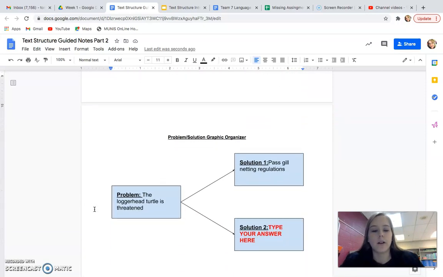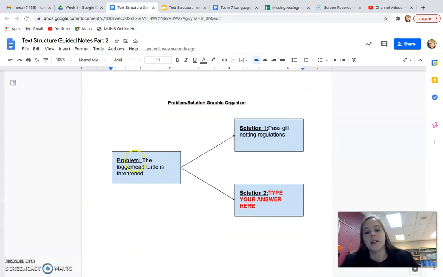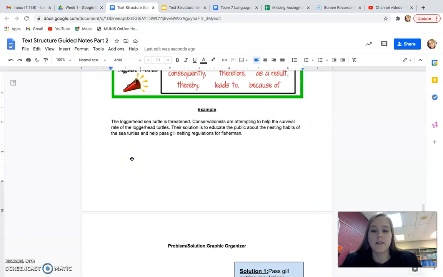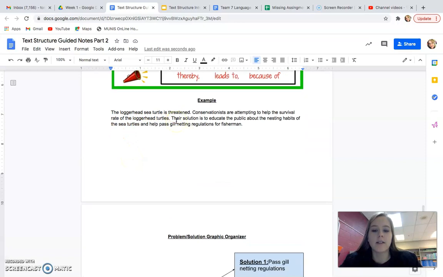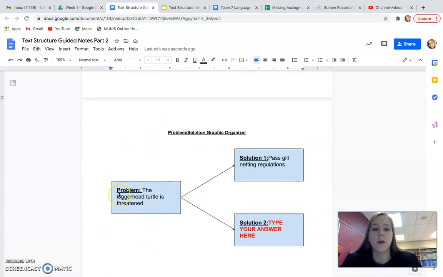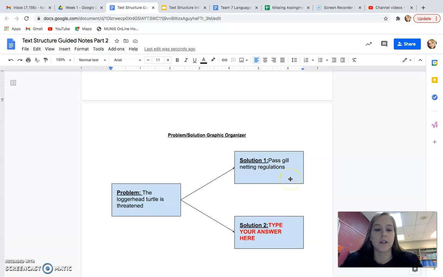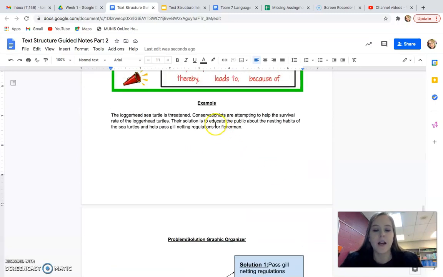Let's look at our graphic organizer that we're going to be filling in. Like it told us in the very first sentence, the loggerhead sea turtle is threatened. There's our problem. Now, how are we trying to fix that problem? One way is conservationists are trying to pass gill netting regulations. And then another solution they had was right here.